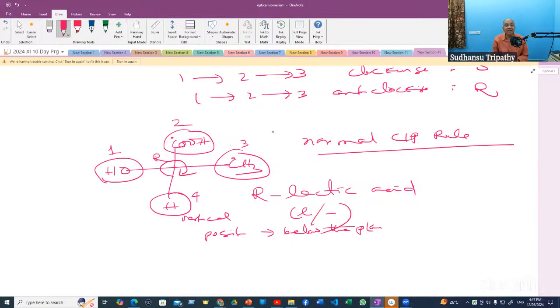R lactic acid, when taken to the polarimeter, is rotating the plane polarized light to the left. We'll know more about this optical rotation, how to find specific rotation, optical purity, enantiomeric excess, that we'll be doing, but we don't have time.